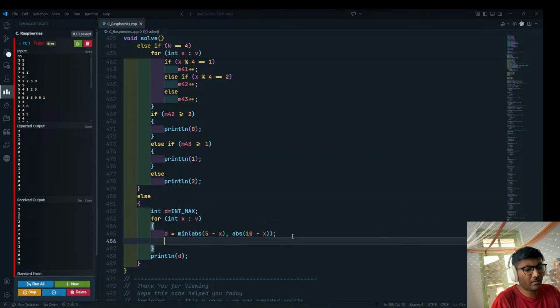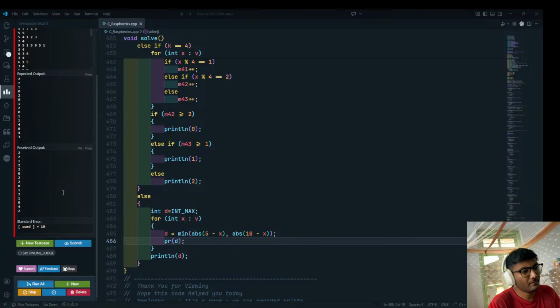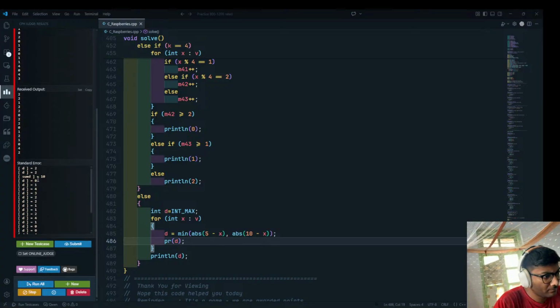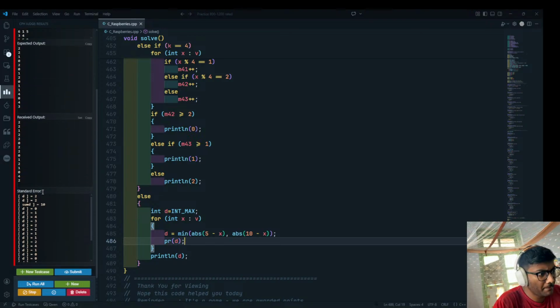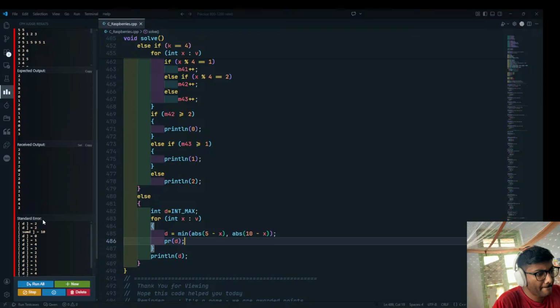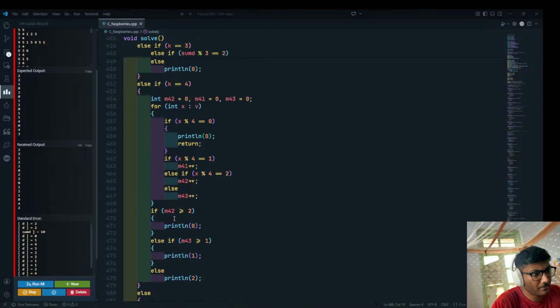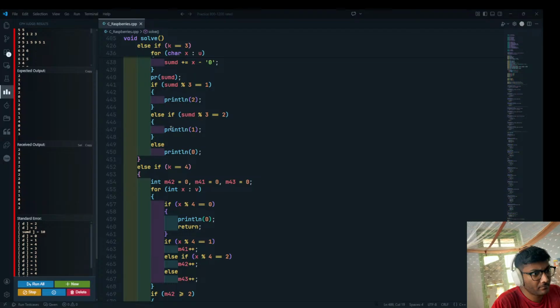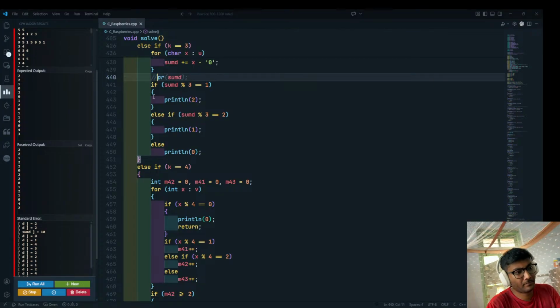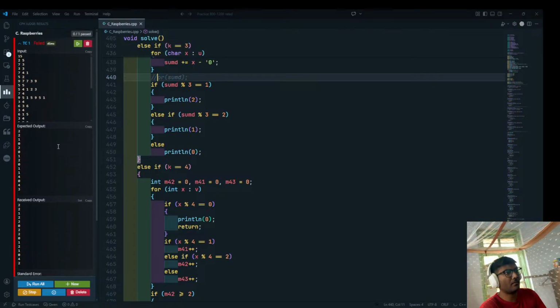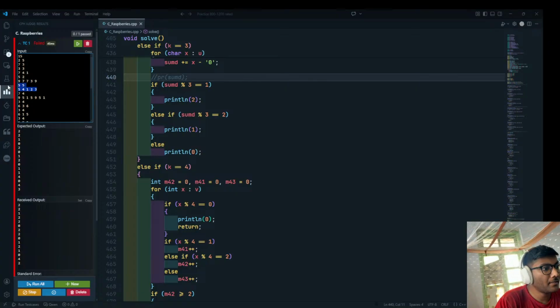Okay, let's try to print this D. So this D is 2. I don't need this sum D anymore. Well, let's try to isolate this case also. 5, 5, right?